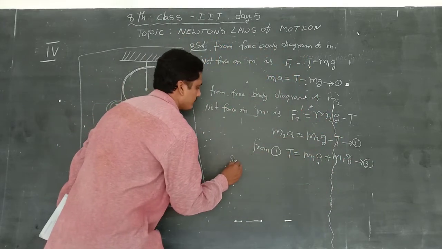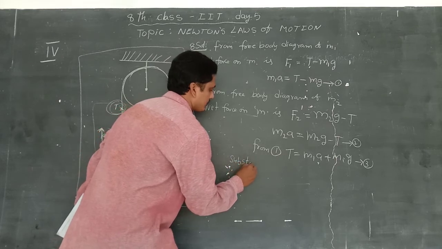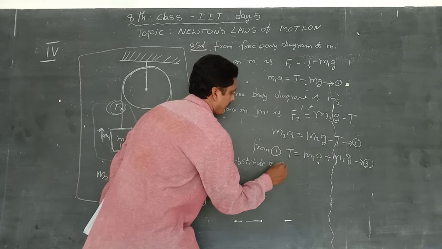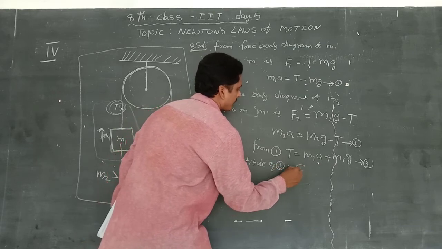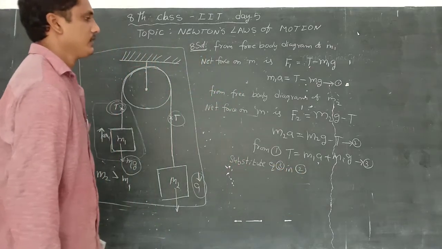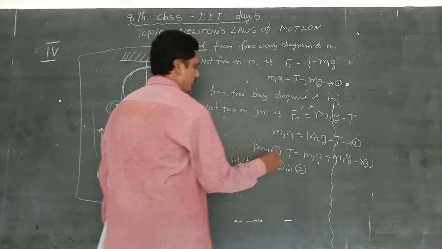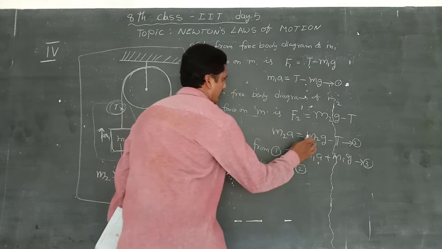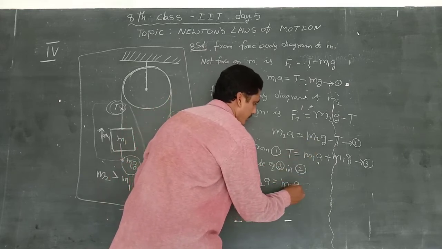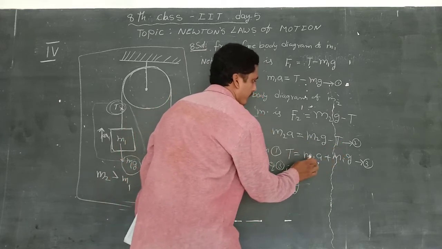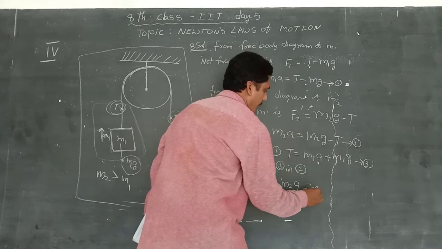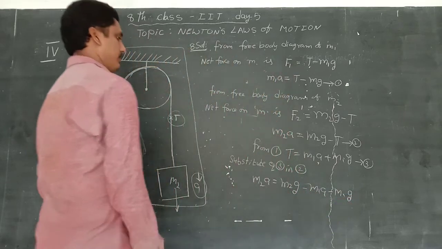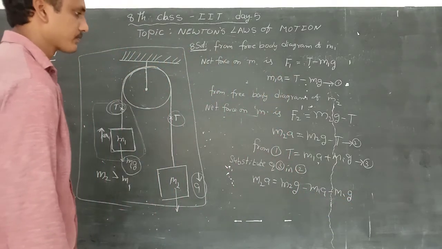Substitute equation 3 into 2. M2 a is equal to M2 g minus T, that is, minus M1 a minus M1 g.